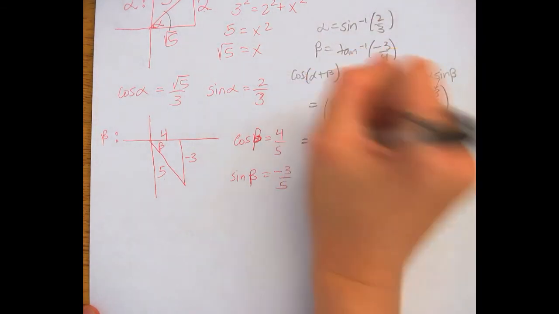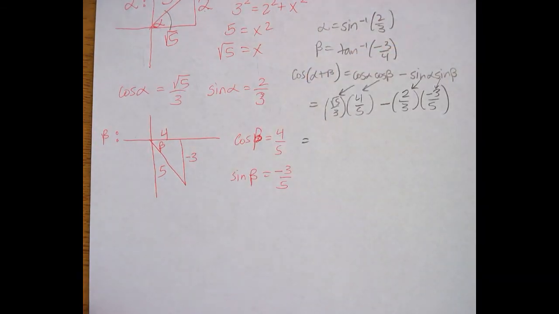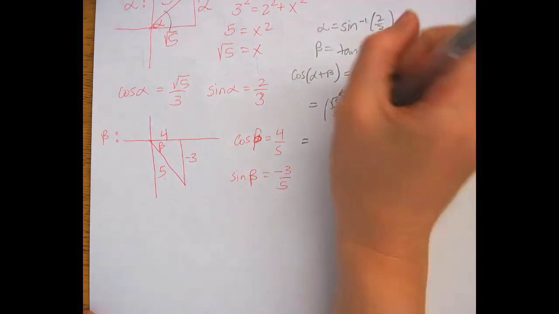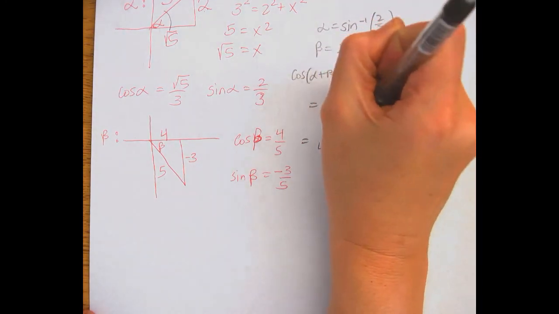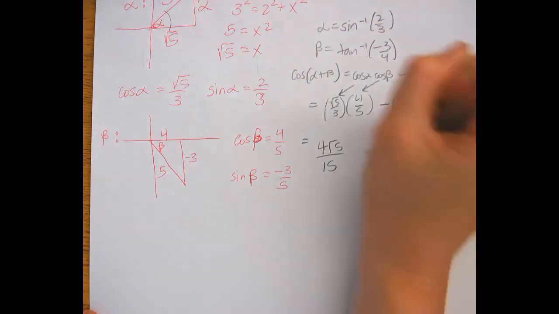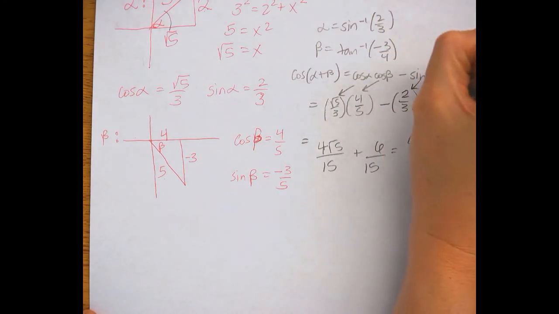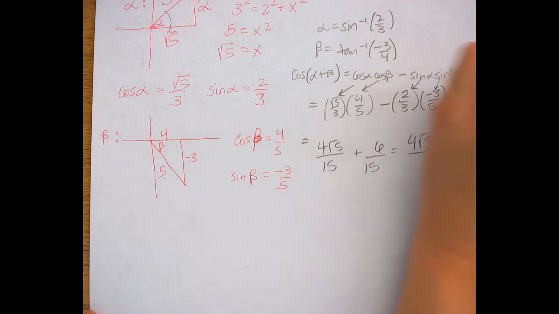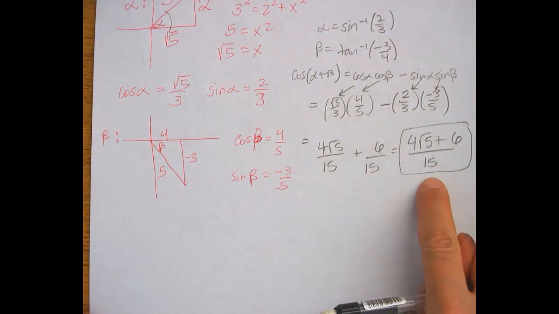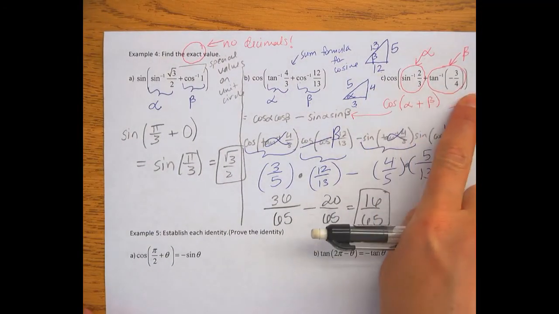And then I just multiply, subtract, reduce. So here I get 4 rad 5/15 plus 6/15. So my final answer is 4 rad 5 plus 6 all over 15. And that is my answer to this original complicated expression here.